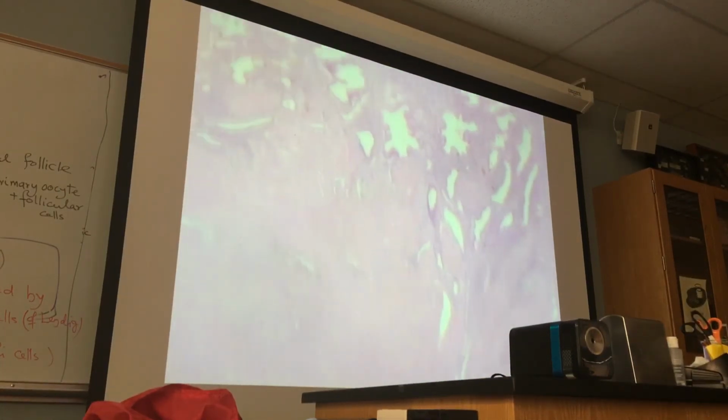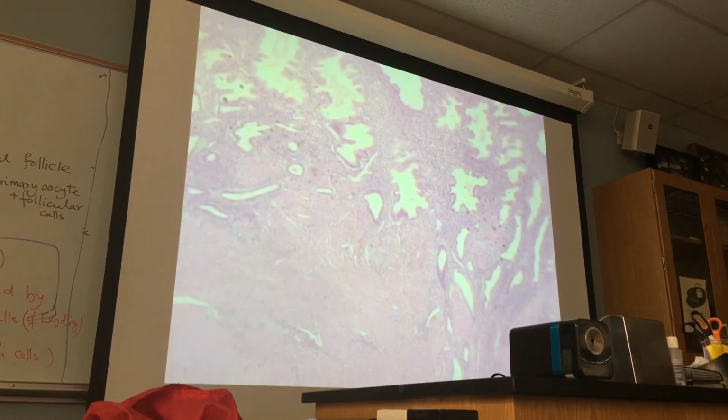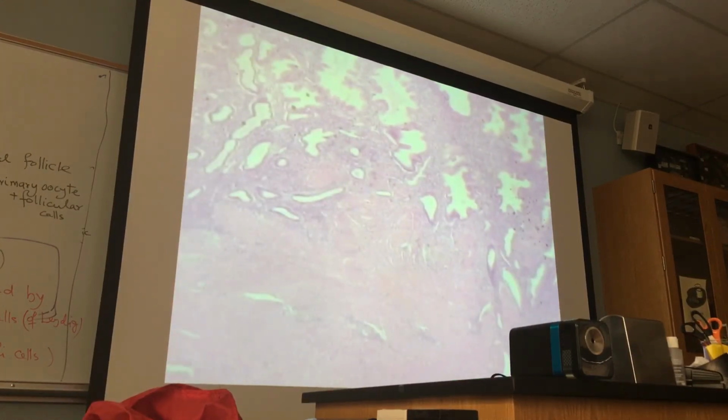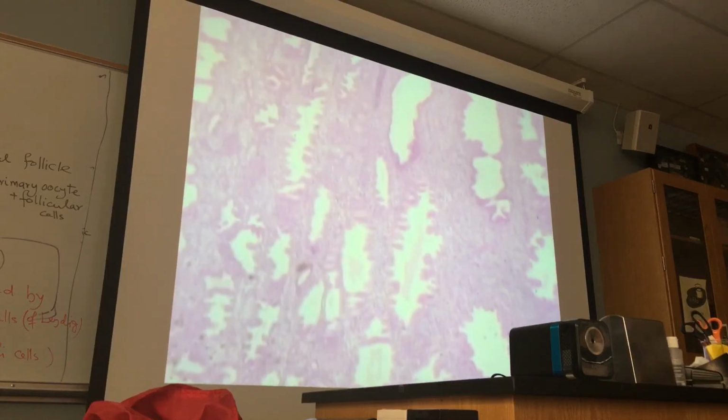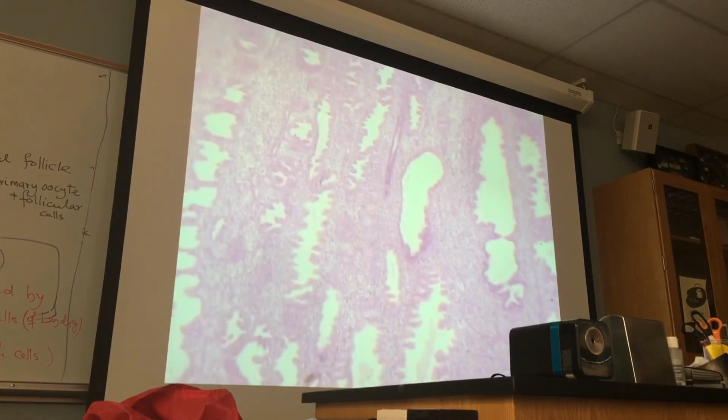And now here is, what is that? Basal layer, stratum basalis. And a little here, already you see the uterine glands. And these glands are called endometrial glands. Highly developed, it's almost at the end of the uterine cycle.